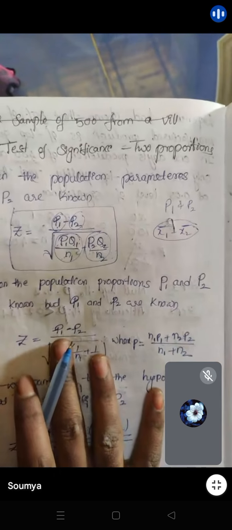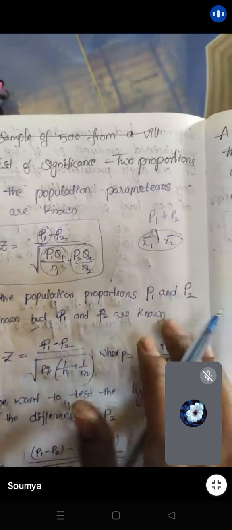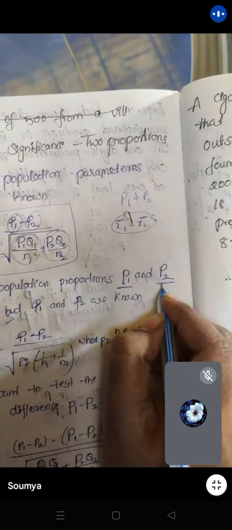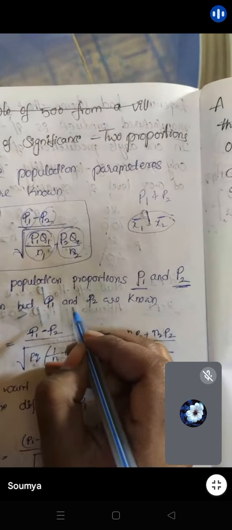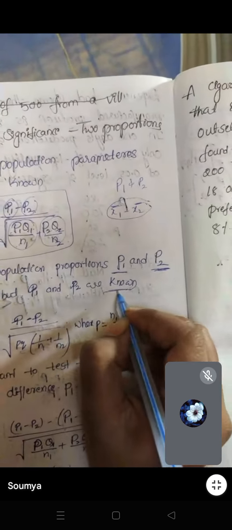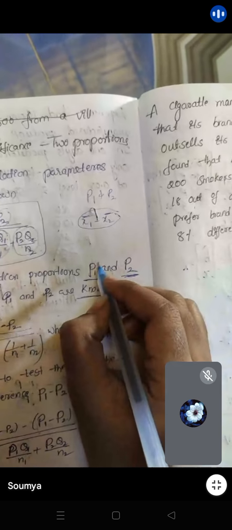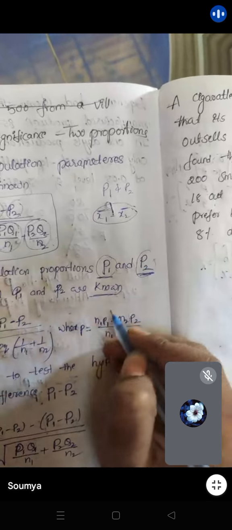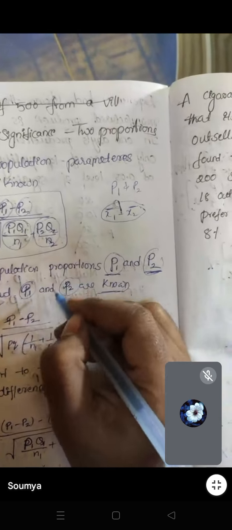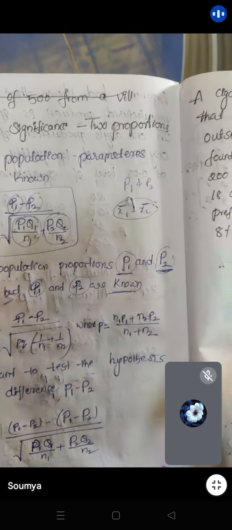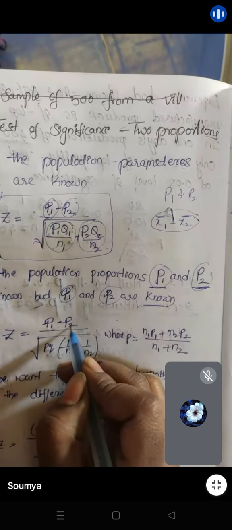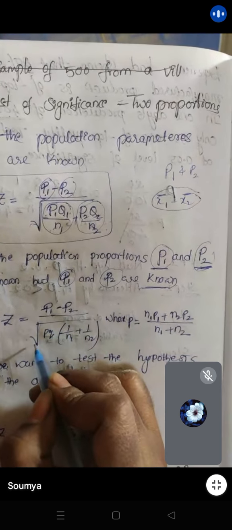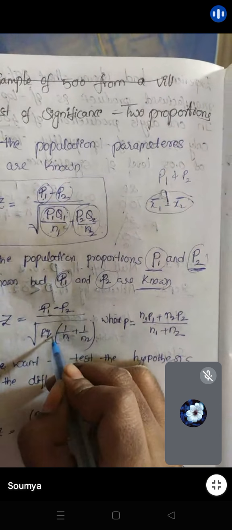Otherwise, when the population proportions capital P1 and capital P2 are not known, but small p1 and small p2 are known, meaning in the question there is no capital P1 and capital P2 but you know the sample proportions, then what is the formula? Small p1 minus p2 by under root of PQ into 1 by n1 plus 1 by n2.